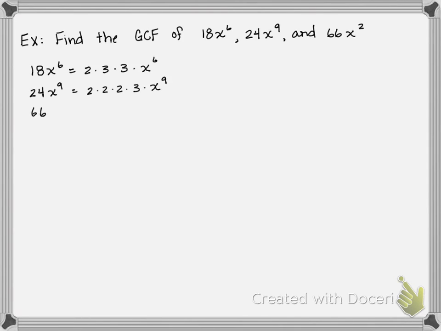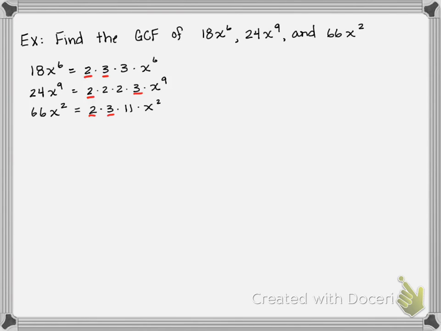And then 66x squared is 2 times 3 times 11 times x squared. So again, to find the GCF, I want to identify what factors they have in common. So I see that they all have a factor of 2, and they all have a factor of 3. As far as the coefficient, that's all they have in common, right?